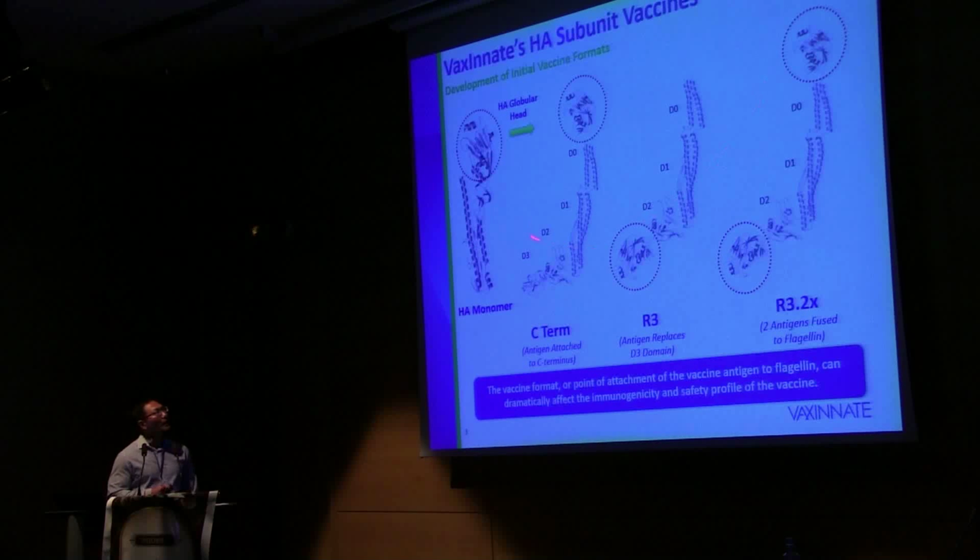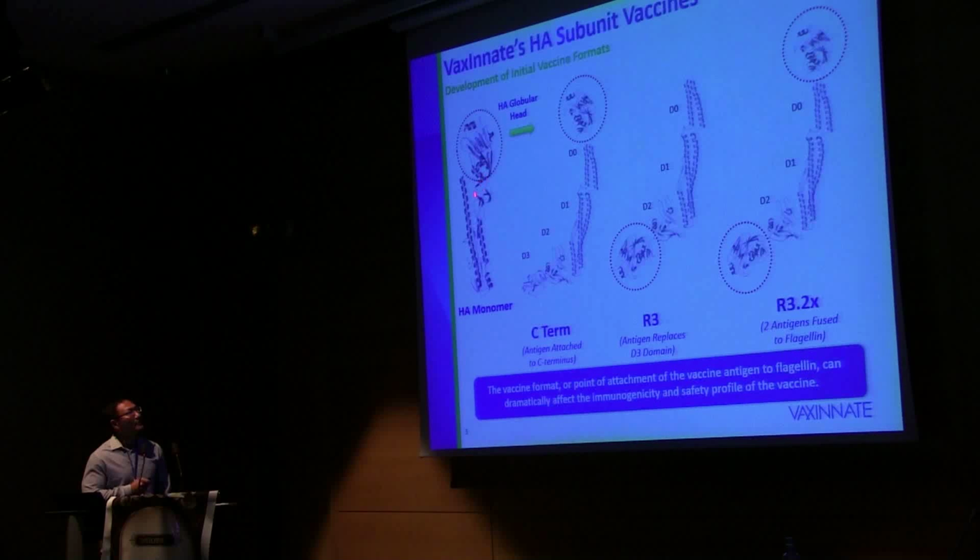Traditionally, we place the epitope-concentrated HA globular head and fuse it with flagellin, either at the C terminal of flagellin, which we call the C-term format, or replacing domain 3 of flagellin, which we call the R3 format, or in both positions, which we call the R3-2X format.